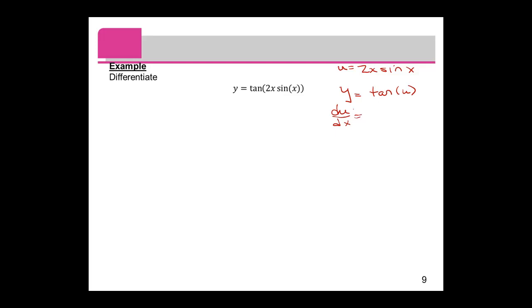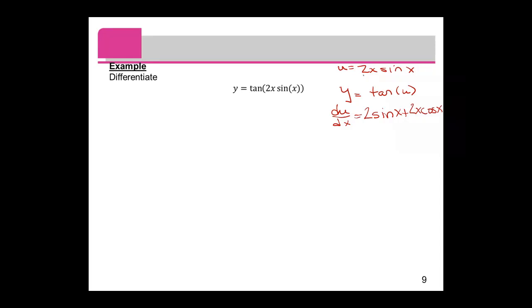Is it 2 cosine x plus... wait. It's actually 2 sine x plus cosine x 2x. 2x cosine x, very good. So you have to use the product rule, and we did. Is everybody okay with this?